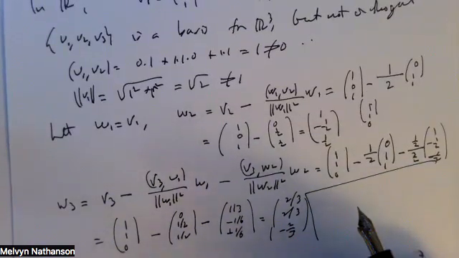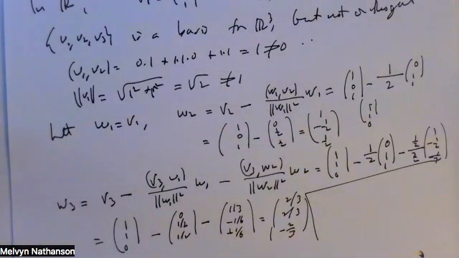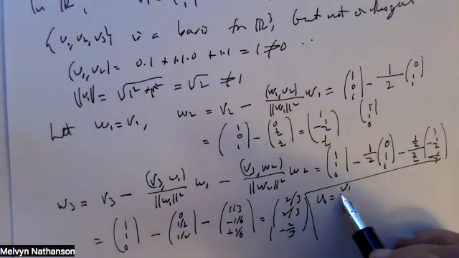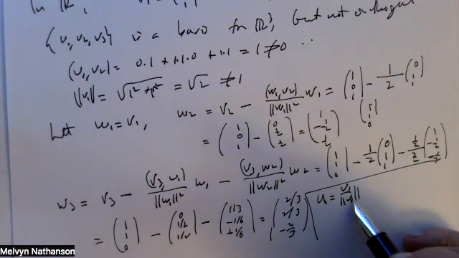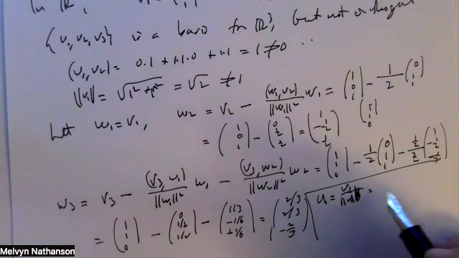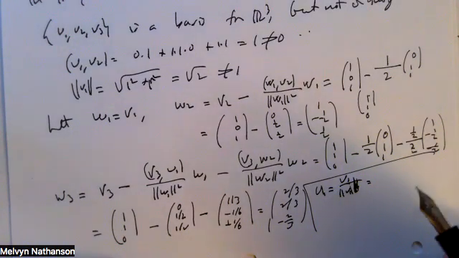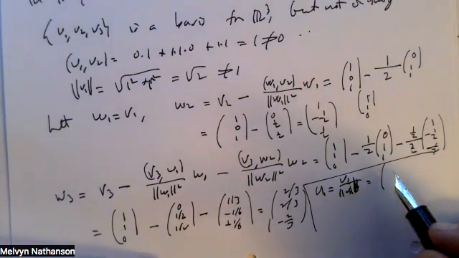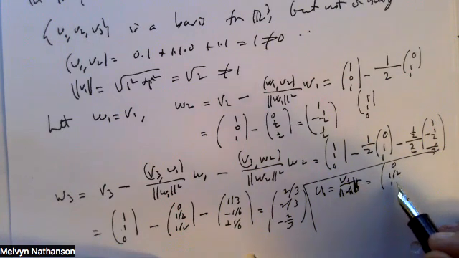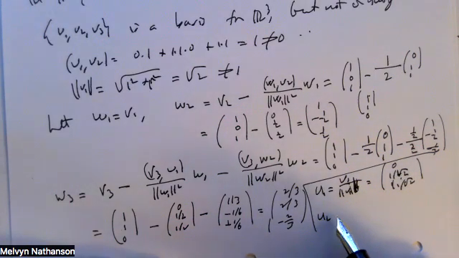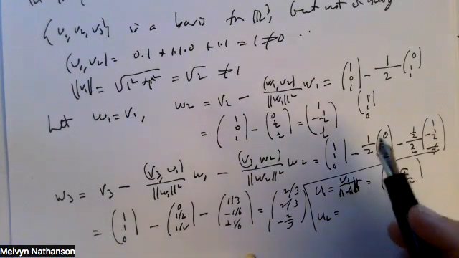Suppose I normalize to get the unit vectors. So the corresponding unit vectors: I let U1 be V1 divided by the length of V1. The length of V1 is the square root of 2. So this is 0, 1 over root 2, 1 over root 2. U2 will be the vector divided by the length of W2.